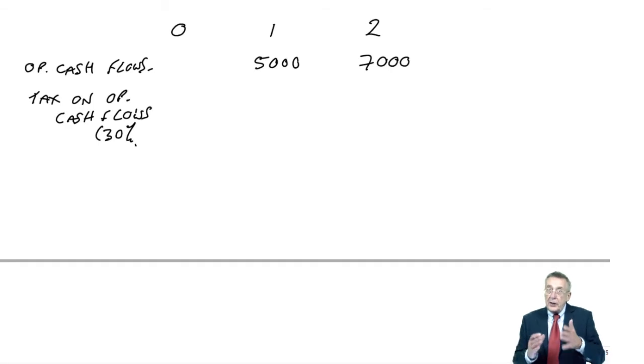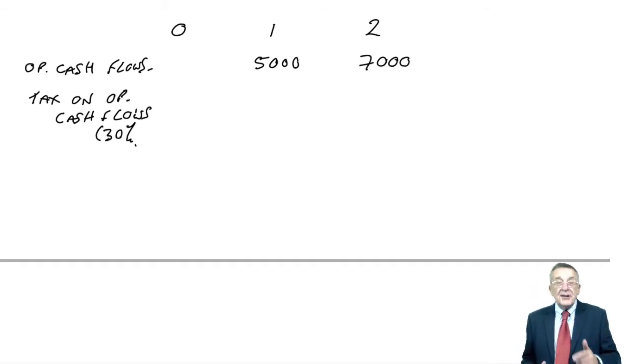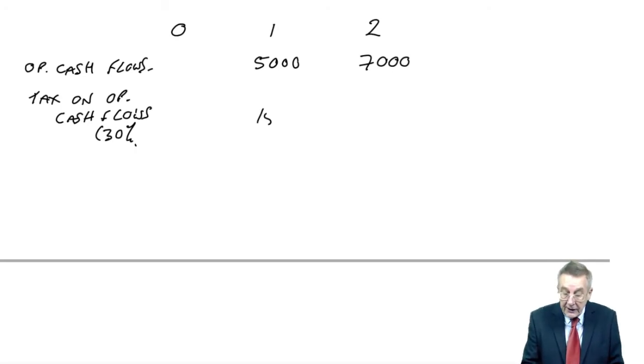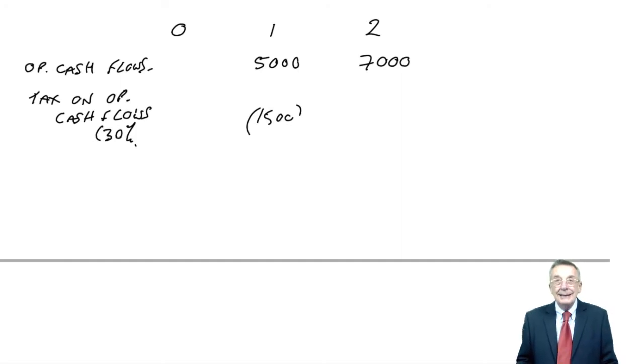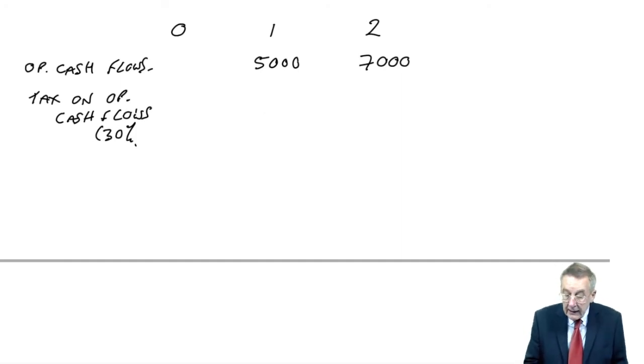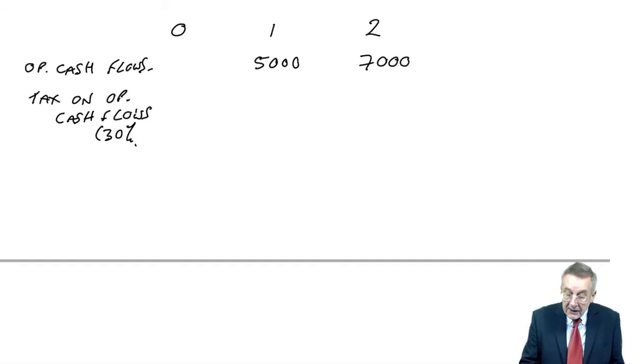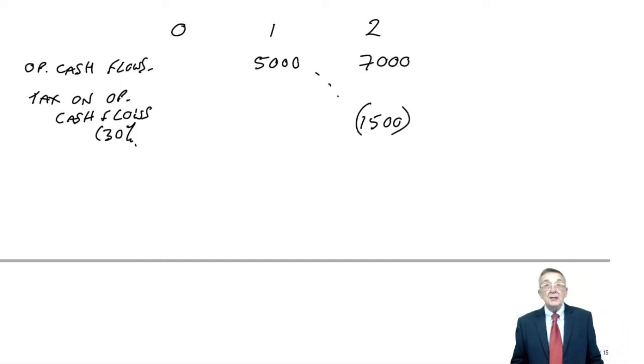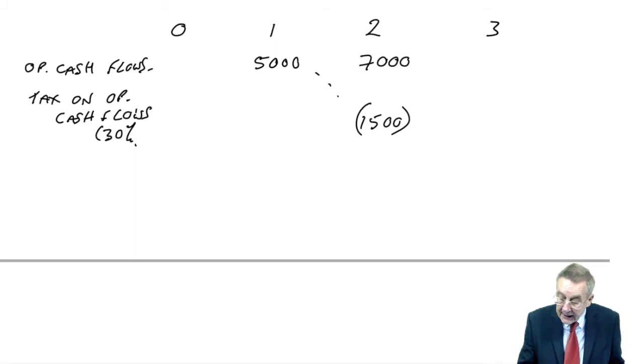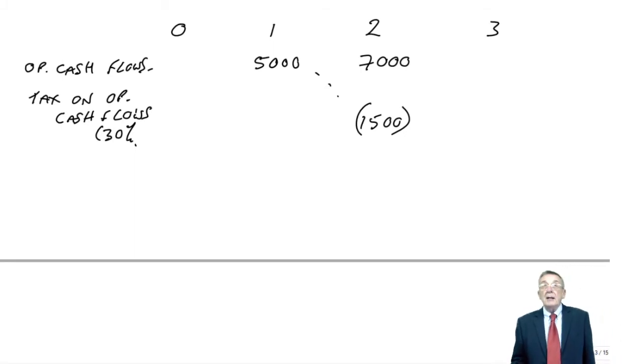Now the tax itself, 30% of 5,000 is 1,500. If the question had said it was payable immediately, at time 1 you receive 5,000 and you'd pay 1,500. But here it says we pay it 1 year late, 1 year in arrears. And so the tax on the 5,000 will be payable in 2 years' time. And similarly, the tax on the 7,000, 30% is 2,100.